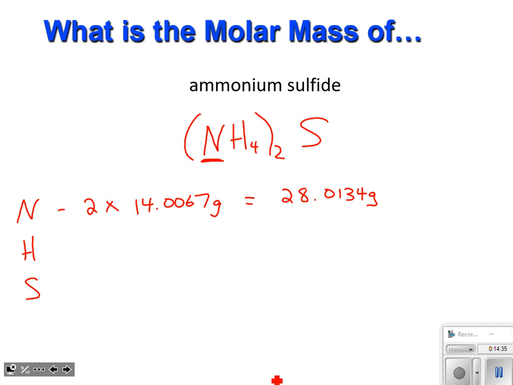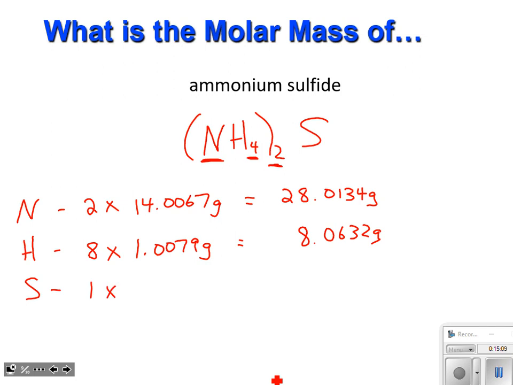Now my hydrogen, 4 of them, plus the 2. Nope, it's not 4 plus the 2, it's 4 times the 2. I see that common mistake. So 4 times 2 is 8. 8 times 1.0079 grams is going to give me 8.0632 grams. Finally, my sulfur, I have one sulfur.